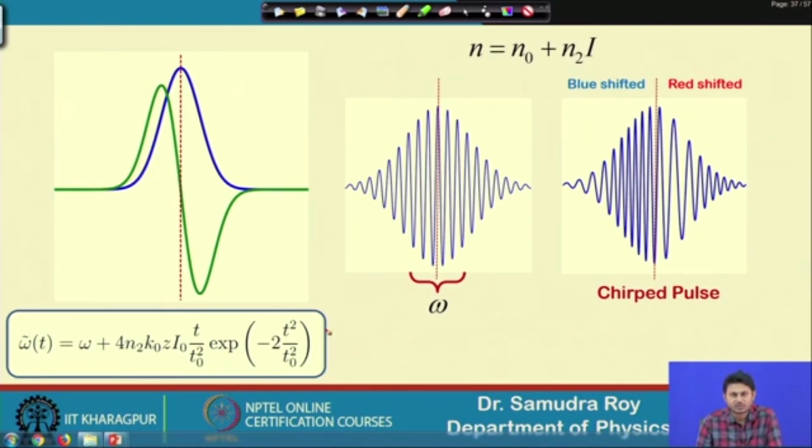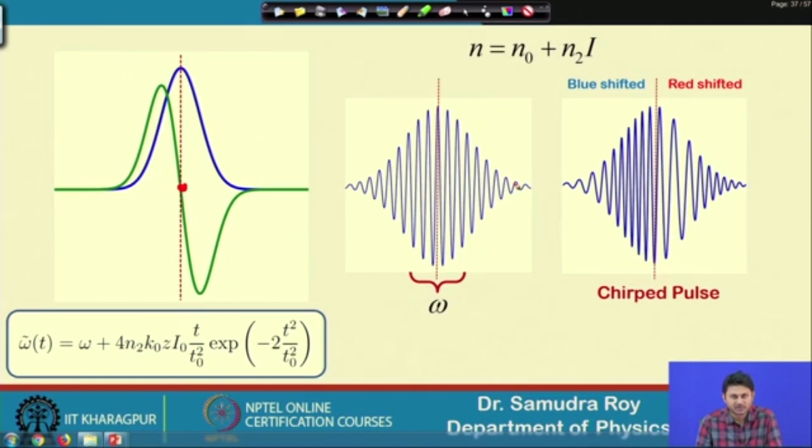Omega 0 is the frequency shown here, and on the left side this quantity will add up, at the center it will not change, and then it goes to the negative direction.